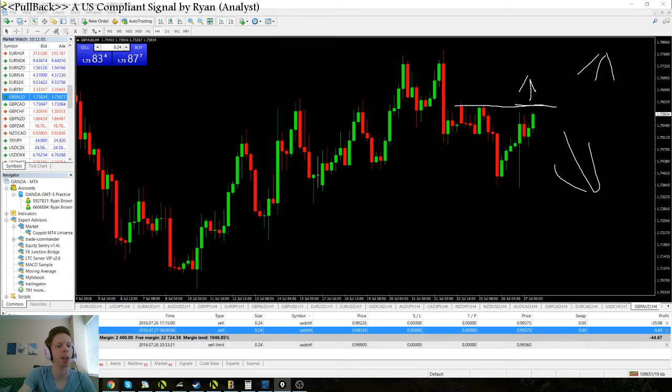It's possible that a candle could break through and the body could close above, but then the next candle directly after closes below, and the resistance area would still hold that way. But a good solid break through that level could show some further movement in the upward direction.